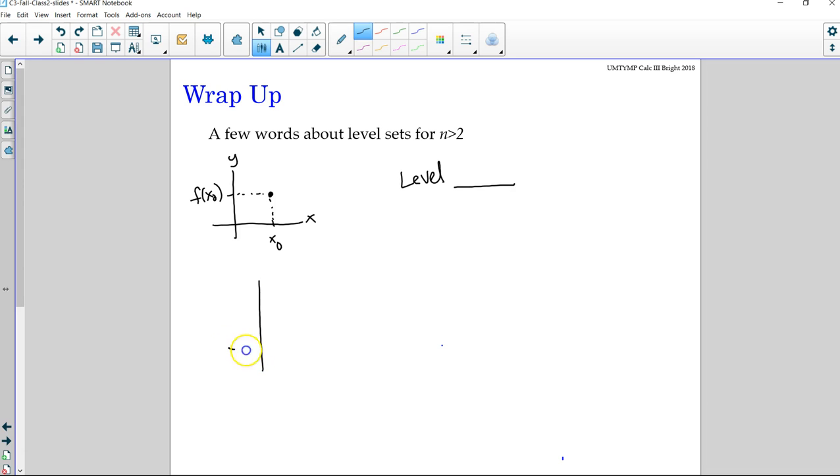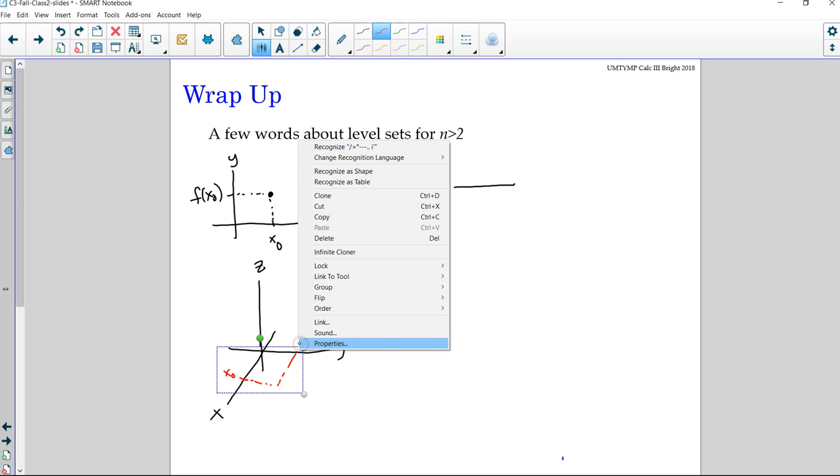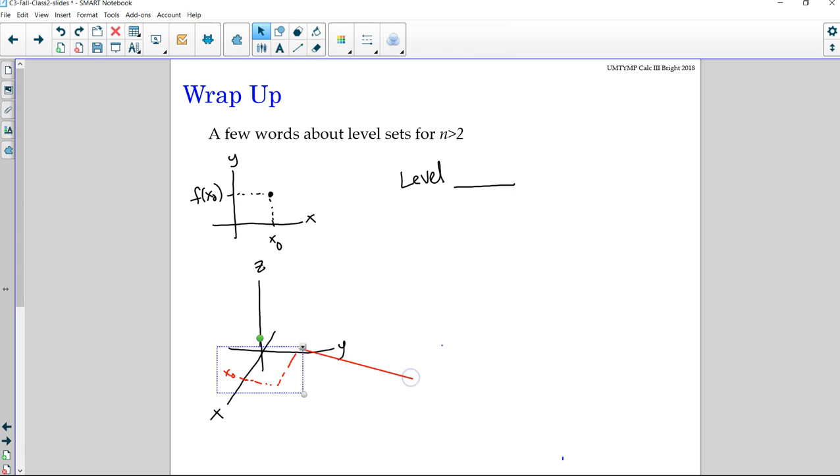Based on our previous discussion, when we talk about level sets in 3 dimensions, and I should also label the axes as x, y, and z, we progress from x naught and y naught, and then up to a distance of c.